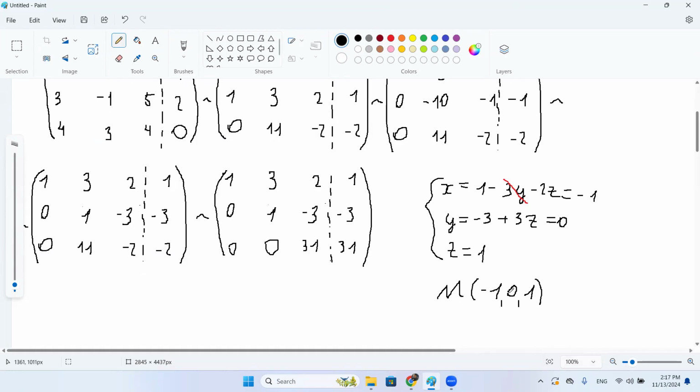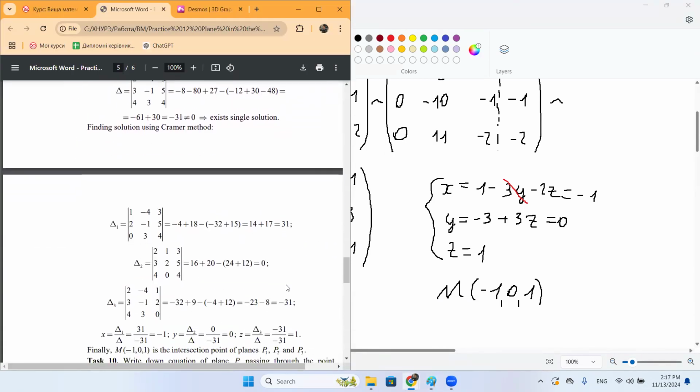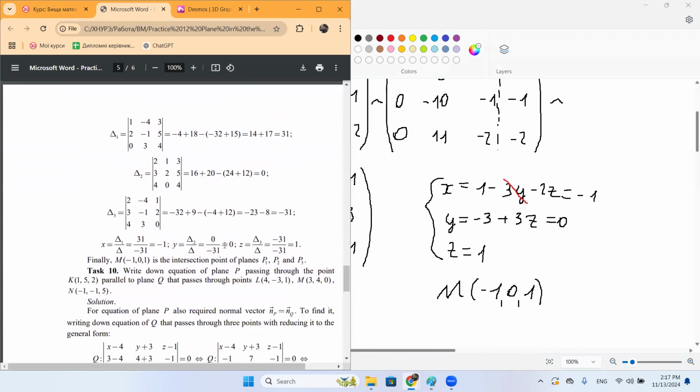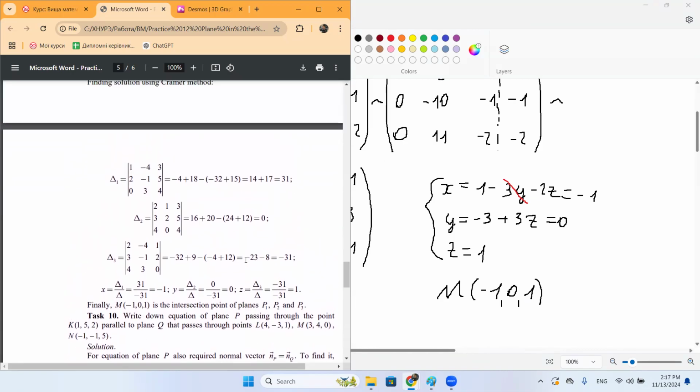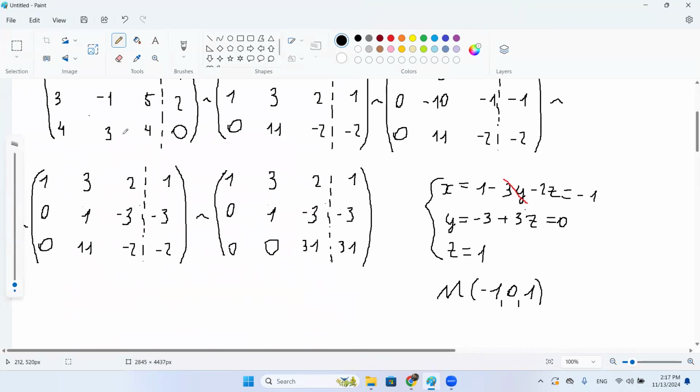Okay, any questions about this task? No questions. And let's verify. Yes, so minus 1, 0, 1. So the same solutions. Okay, as no questions, let's move next.